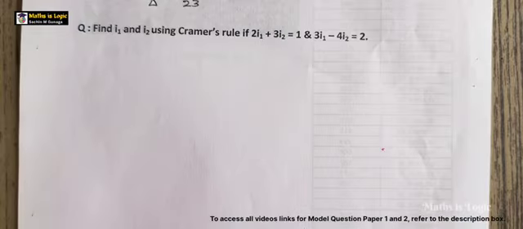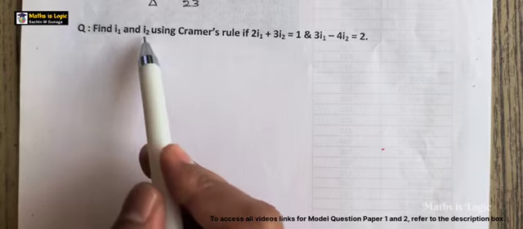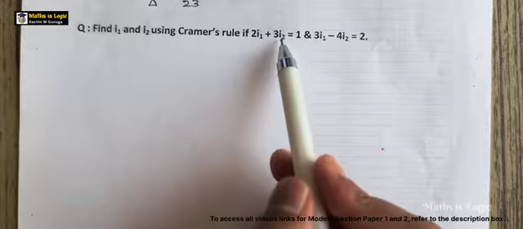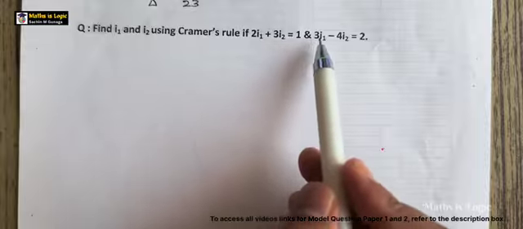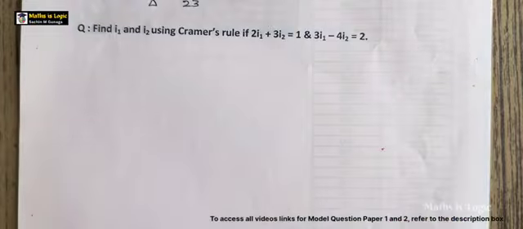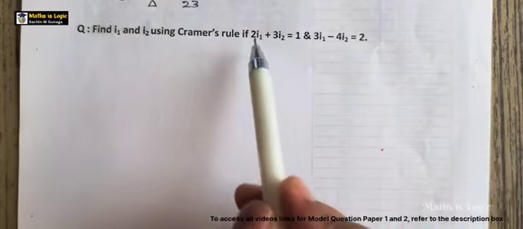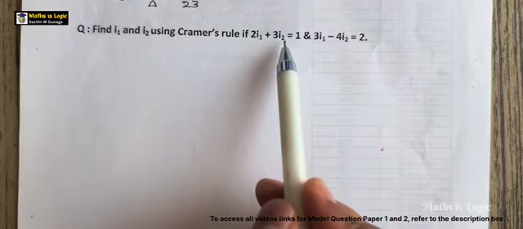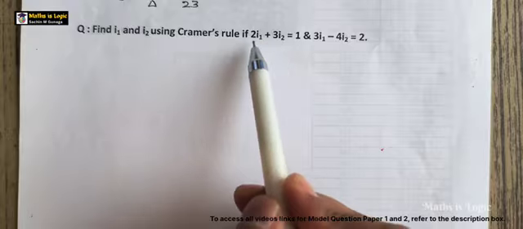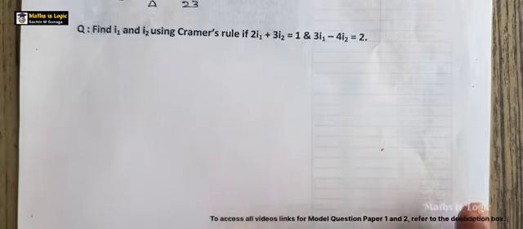Next, find I1 and I2 using Cramer's rule. If 2I1 plus 3I2 is equals to 1 and 3I1 minus 4I2 is equals to 2. Sometimes what they will do, instead of giving two equations in terms of x and y, they will give in terms of I1 and I2. Here we need to find out the value of I1 and the value of I2.